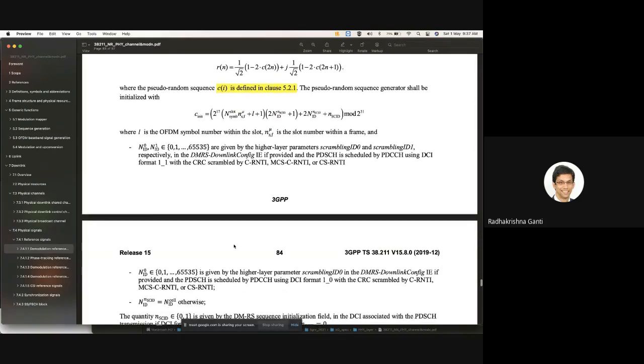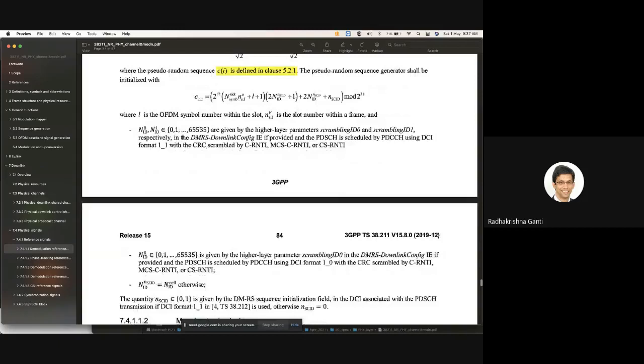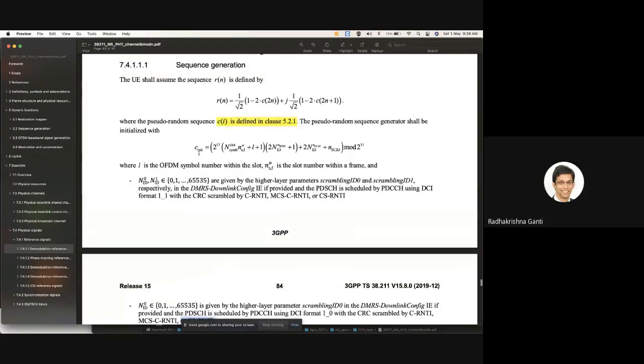There's some way in which they generate these SCIDs, N_ID 0 and N_ID 1. In general, N_ID is the N cell ID. Otherwise, if there's some other way of generating this n_SCID, they give it separately. I will not worry about that too much. Effectively, one thing that you should remember is that c_init changes as per which slot number you are in and which symbol number you are in. Once c_init changes, the c sequence changes, and once the c sequence changes, r(n) changes. Agree?